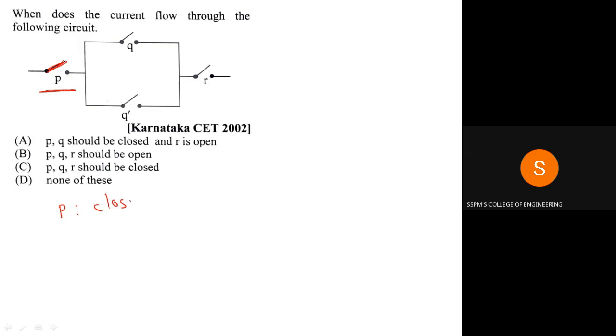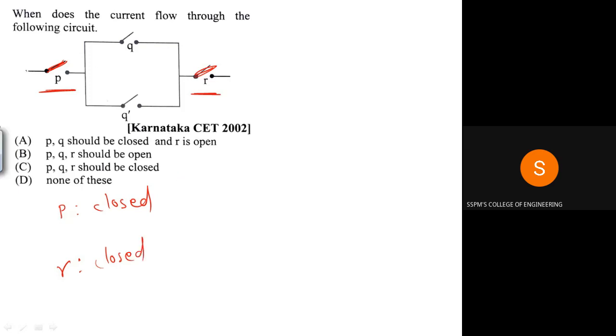P has to be closed. Now Q and Q dash. We will first check for R. For current to flow through R, this key also has to be closed. R has to be closed as well.